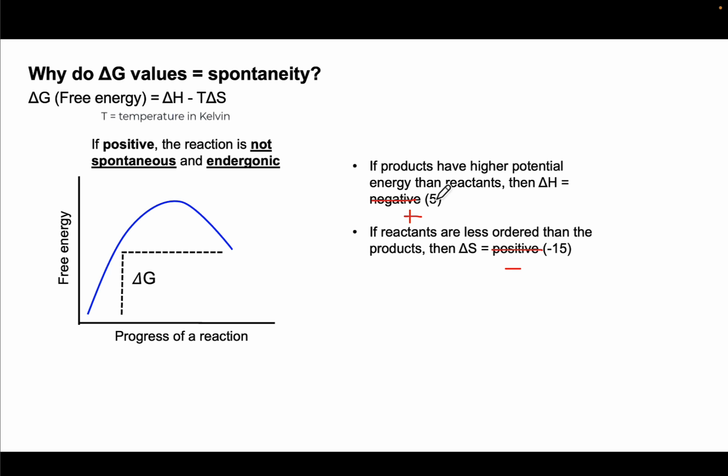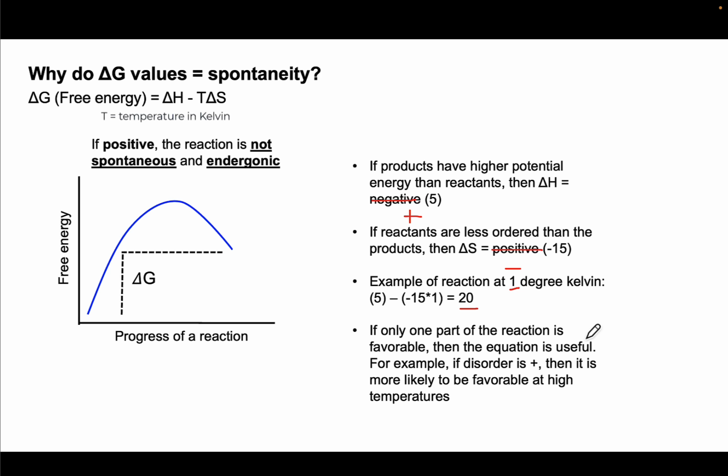Okay, so we have 5 for a low potential energy starting point and -15 for a disordered starting point. So when we plug this into this equation, again, I'm just saying this reaction's occurring at 1 degree Kelvin, then 5 minus -15 is actually 20. And this reaction is not spontaneous, or endergonic.